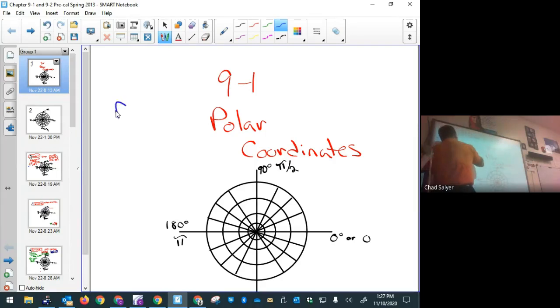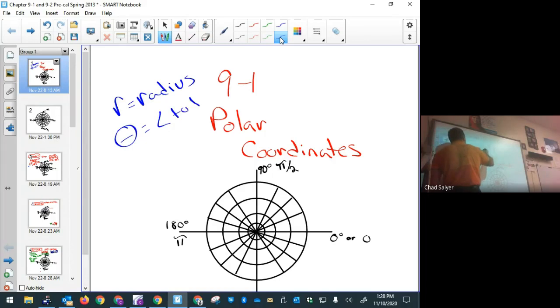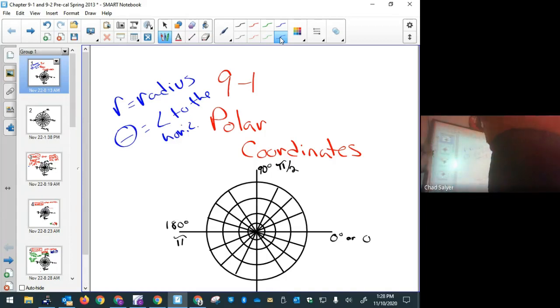You've got an r, which is your radius. And you've got a theta, which is your angle to the horizontal. So two values make up a polar coordinate.